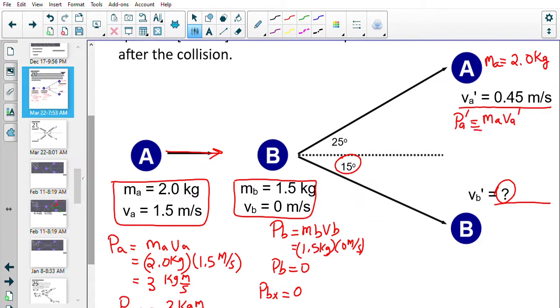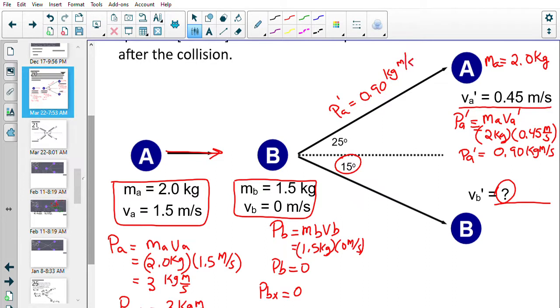And so I would get 2 kilograms times 0.45 meters per second. My PA prime is going to be 0.90 kilogram meters per second. That is PA prime, the hypotenuse. 0.90 kilogram meter per second.